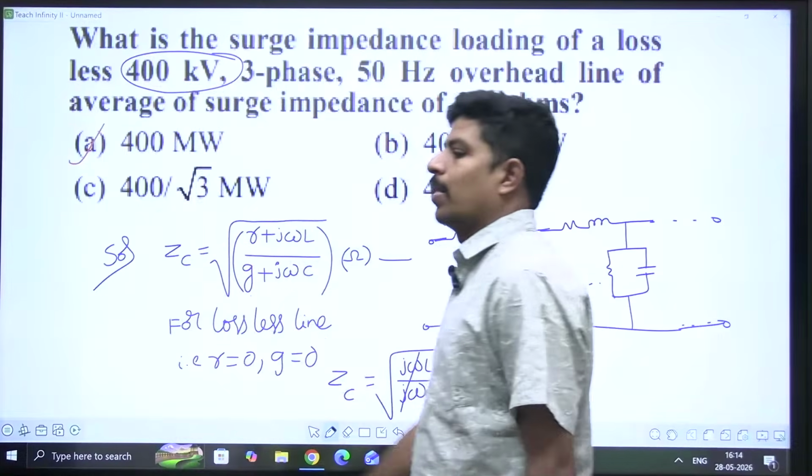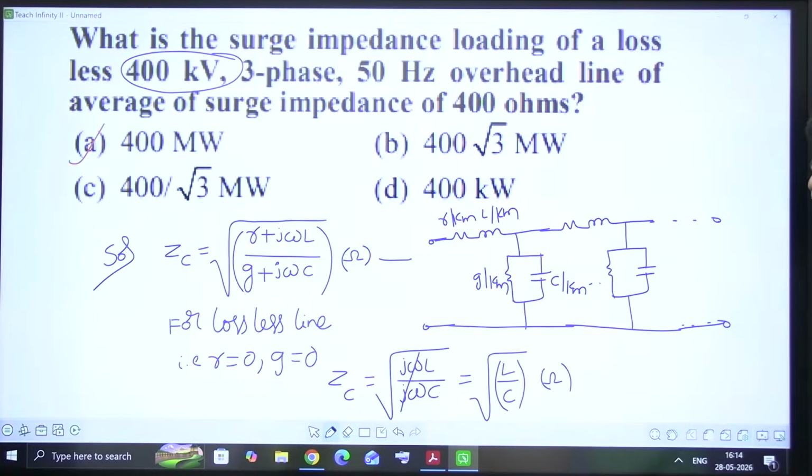400 megawatts. Option is A. A for apple. Right? The question is the simplest question. You may be thinking, sir, you explained the whole story. Yes, that is the purpose of this class, to learn the concept related to this. So very good learning here for a lossless line, for a lossy line, what is the surge impedance?